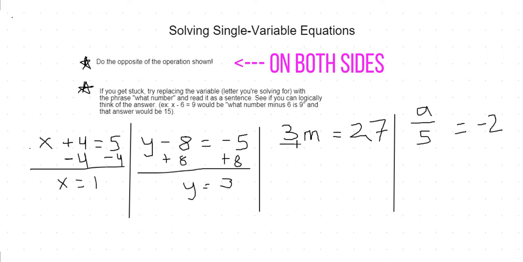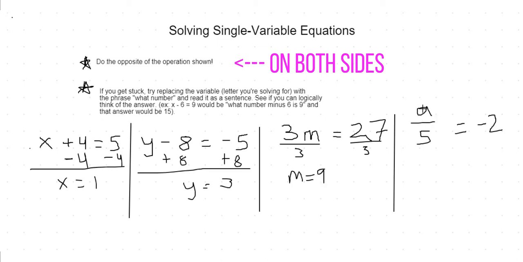Now the symbol for dividing is just a fraction bar. When you do a fraction, you're dividing something. So I put a fraction bar here and a fraction bar there. And then the 3's will cancel because 3 divided by 3 is 1, and 1m is just m. 1 of m. See, I see 1m right here. Not 3 of m, but just 1m. Equals 27 divided by 3 is 9.